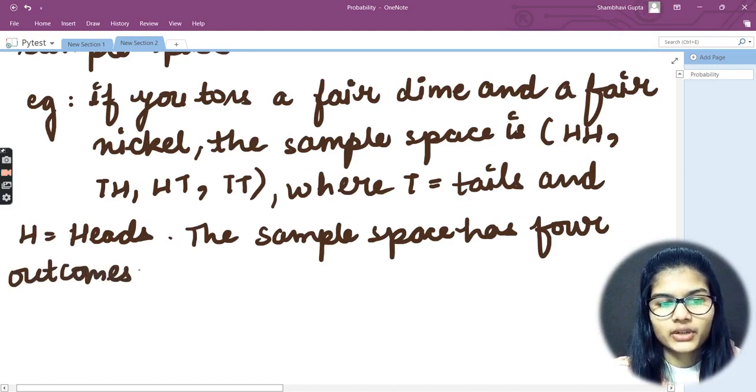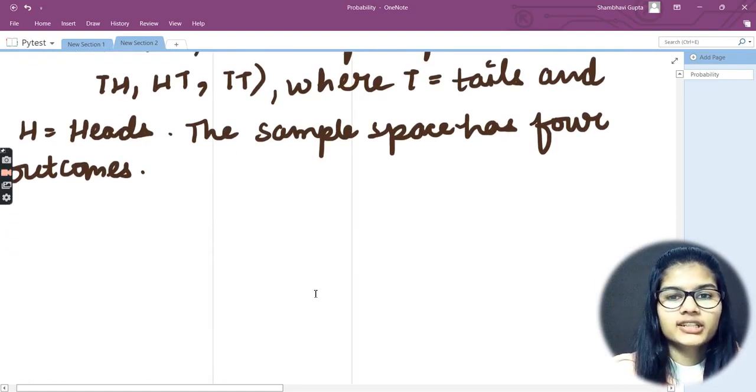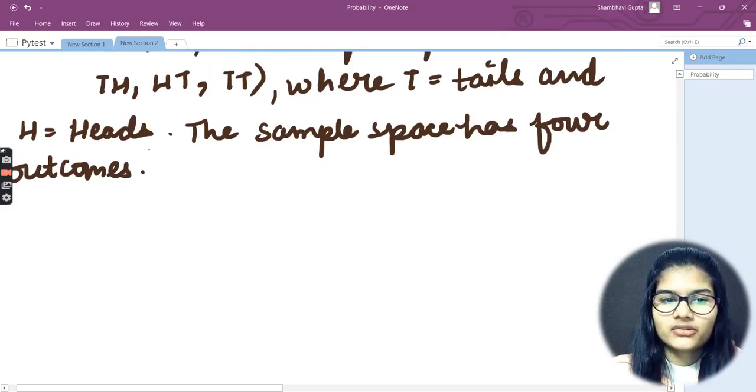We took above that if we toss a fair dime and a fair nickel, the sample space is HH, HT, TH, TT, where T refers to tails and H refers to heads. The sample space has 4 outcomes in total.